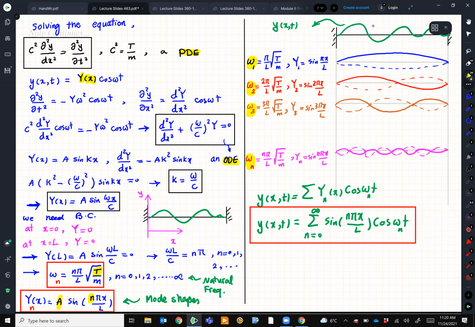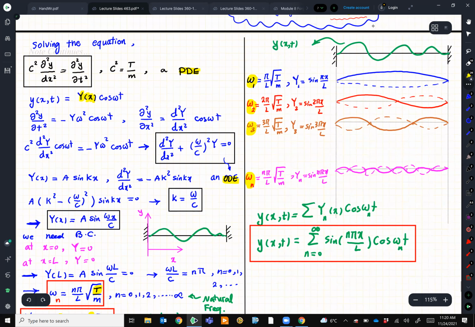Okay, so that's the vibration of a string. And the math is easy. If you review it later, you will see we did just a bunch of derivatives, nothing special. But again, I emphasize a lot on understanding the concept. I want you to understand what exactly happened. So we had a string. This string had mode shapes.